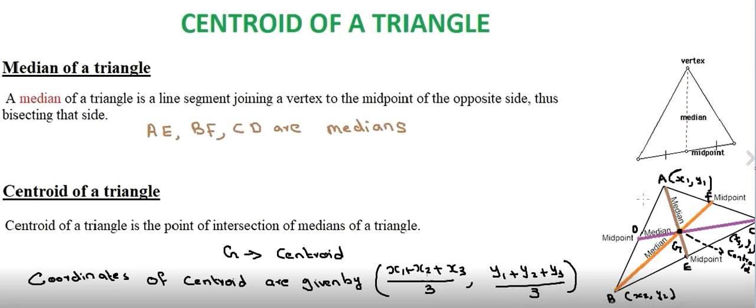This is the formula to find the coordinates of the centroid. So remember this formula and also the definition of the centroid. Centroid means the point of intersection of medians of a triangle, and this will be the formula to find the centroid of the triangle. Our next topic is the incenter of a triangle.